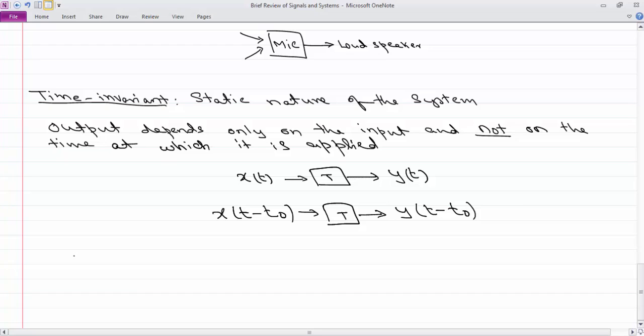Another example of that is, let's say I take an image and I run it through Photoshop to do some operations, generate another image. Whether I do that today or I do that input 10 days later, it will result in the same. Your microprocessors, they are to a large extent time invariant. If you run some software today, they produce the same result.